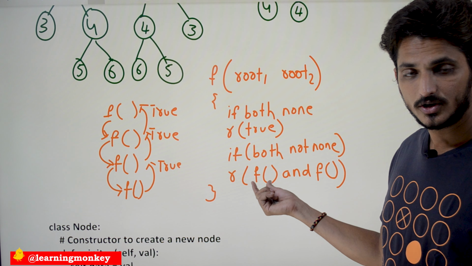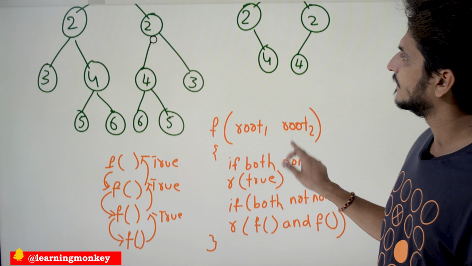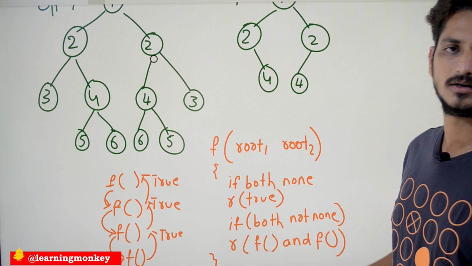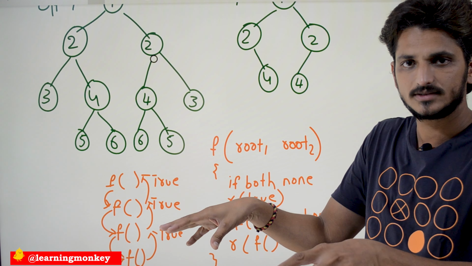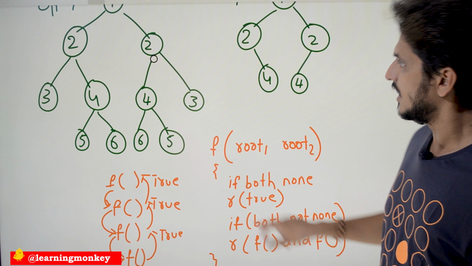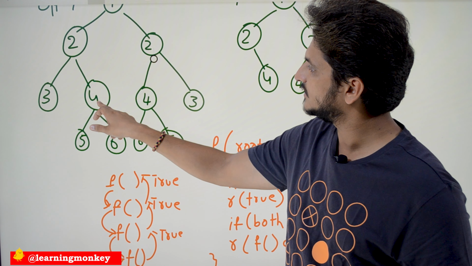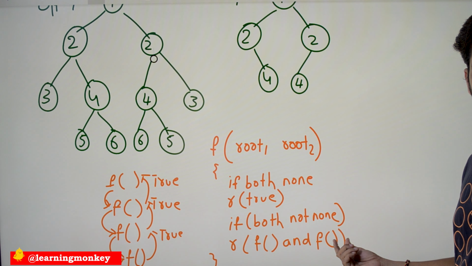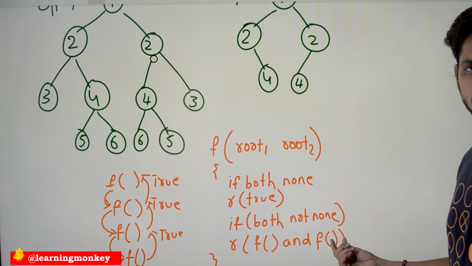What is this function going to call? This node's left side and this node's right side addresses are sent as input to this function, and this node's right side and this node's left side are sent as parameters to the other function.